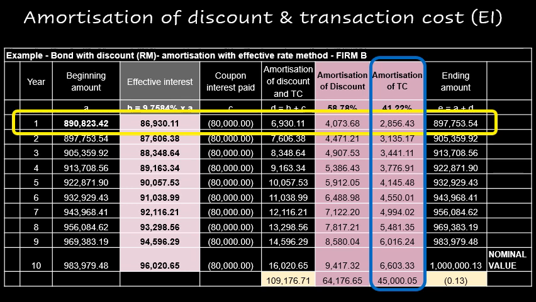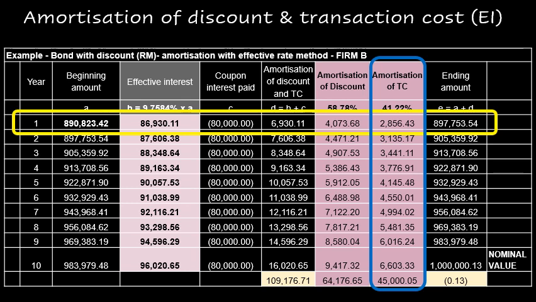This balance will then be allocated between amortizations of discount and amortizations of transaction costs using the percentage determined earlier. 58.78% of the total amortizations amount gives us 4,073 ringgit and 68 cent for the amortization of discount, and 41.22% of the total amortization gives us 2,856 ringgit and 43 cent for the amortizations of deferred transaction costs.